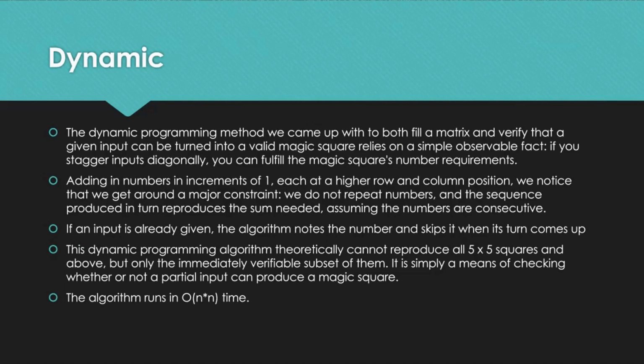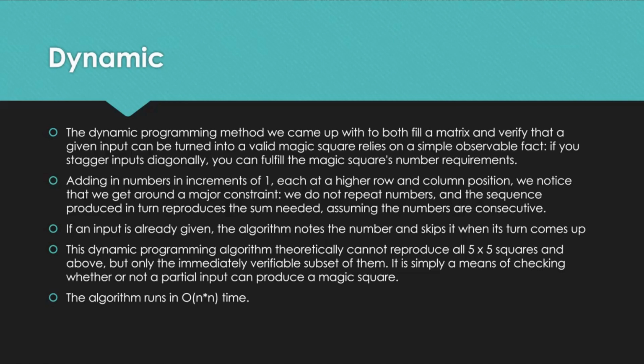If the input is already given, the algorithm notes the number and skips it when the turn comes up. A major limitation of this algorithm is that it theoretically cannot reproduce all 5x5 squares.